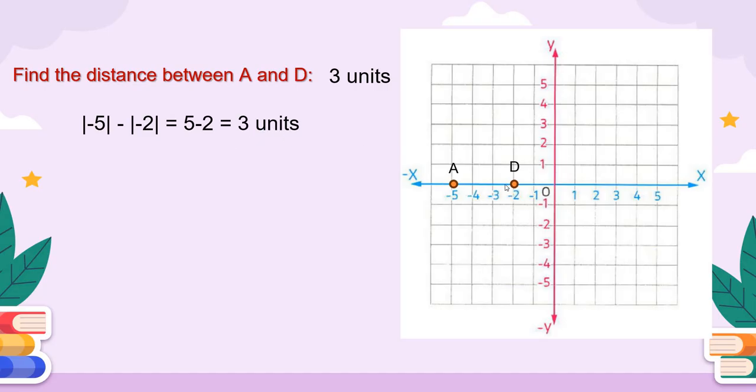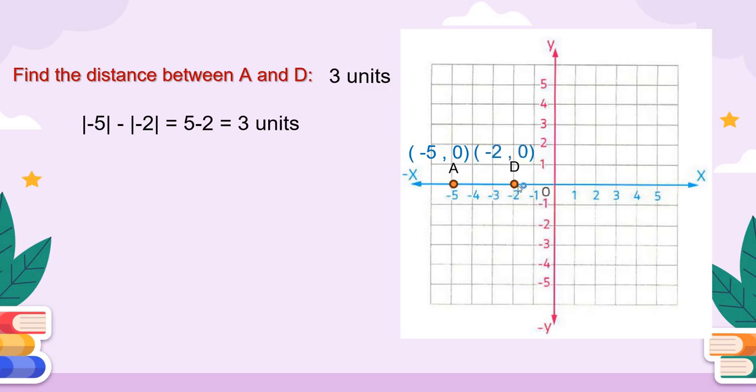So if I have 2 points in the same positive or negative part of the x-axis, it will be what? I will find the difference between the absolute value of both of them, and I will find the distance between both of them, right? So what is the ordered pair of A? -5 and 0. And what is the ordered pair of D? -2 and 0.